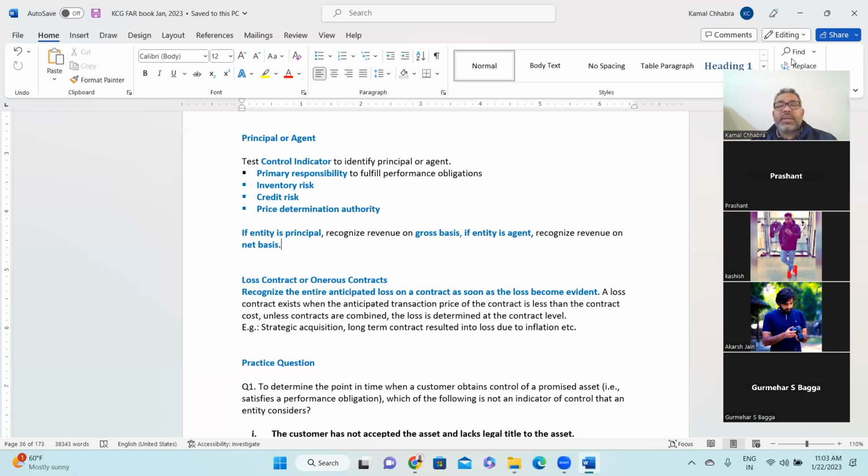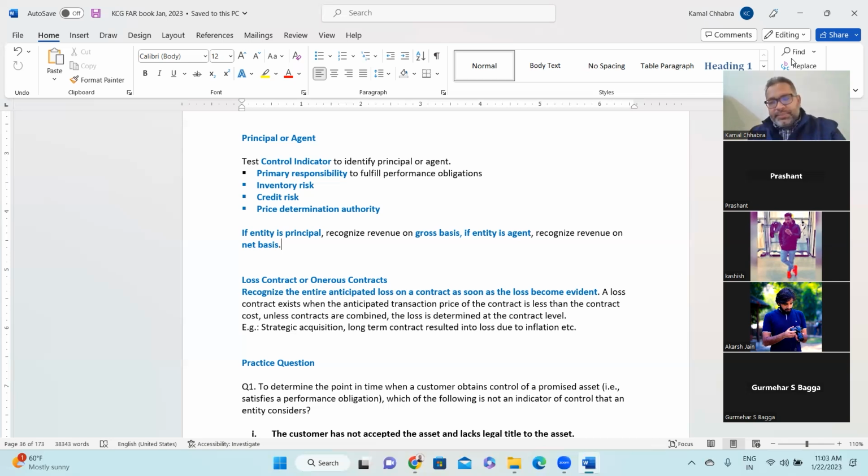So these are certain indicators which show who has the control, and those indicators help you identify who is the principal. Whosoever is the principal would recognize the revenue on a gross basis, and whosoever is not a principal, that means he or she is an agent, needs to recognize the revenue on a net basis.